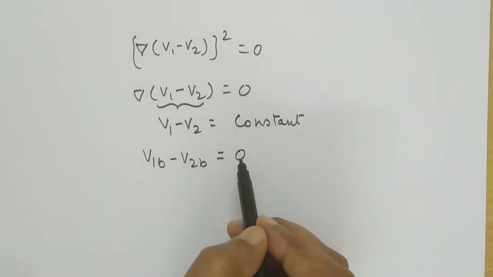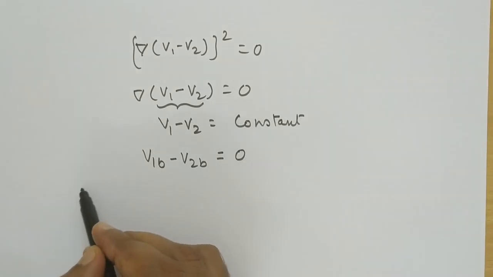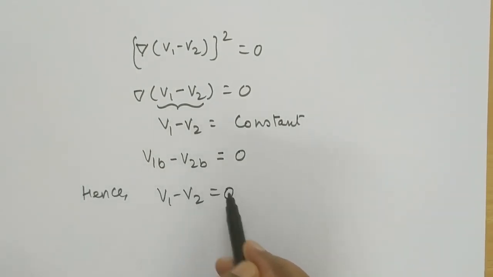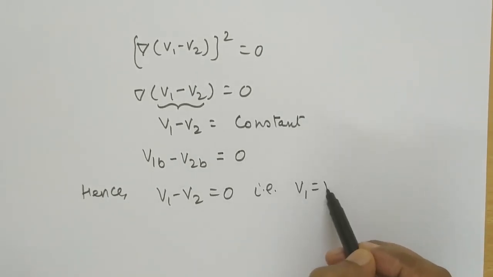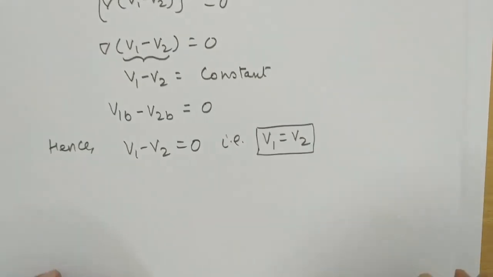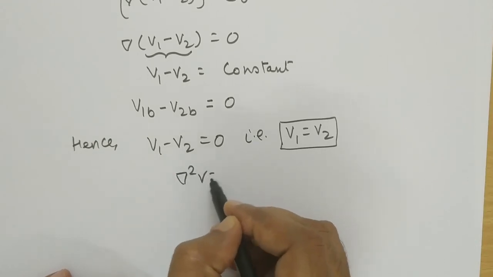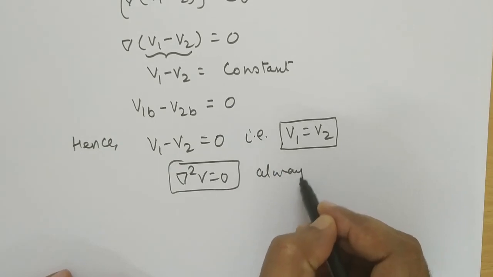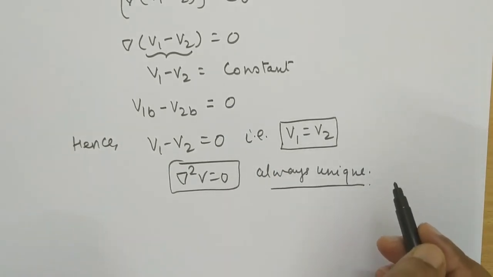So if I apply the boundary condition, we will get constant term as 0, hence V1 minus V2 equal to 0, which says that V1 and V2 are identical. So the solution of del square V equal to 0 will be always unique. So this was the uniqueness theorem.